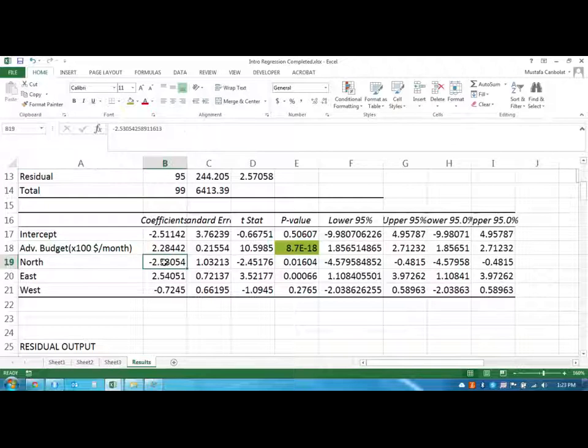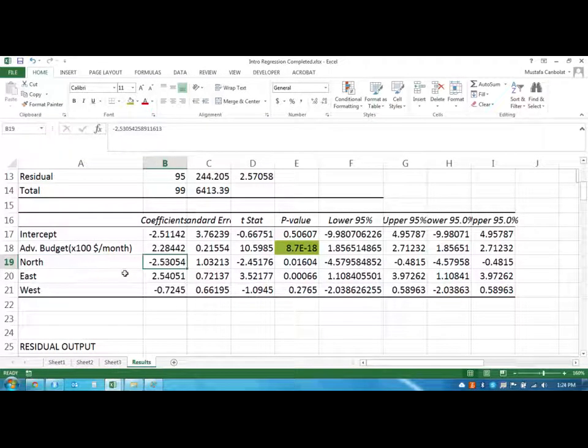And the north has lower sales than south. So on average, the north sales is about $2,530 less than the south sales. The reason for that is if the place is a north, that means we are going to multiply that by 1 times this coefficient.